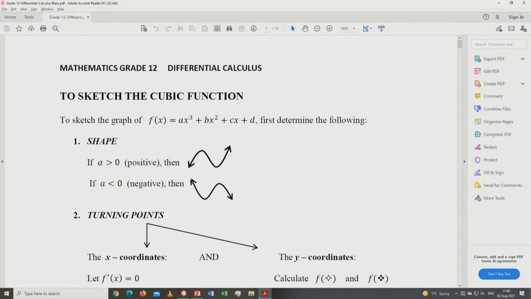It begins by decreasing, increasing, and decreasing. It is very important, learners, before you sketch the cubic function, to check the value of a, the coefficient of x cubed. It will inform you about the shape of the graph.